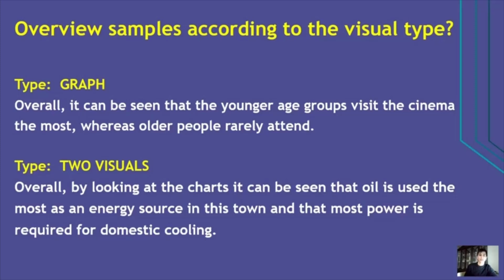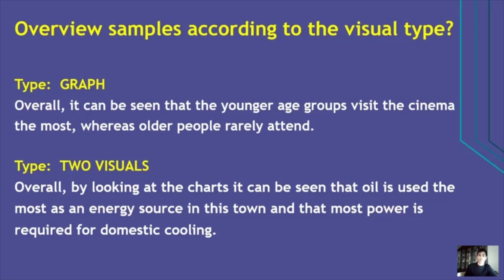It's also very nice. Sometimes you can have more than 2 visuals, like 3 or 4. In the next video, I will be giving some examples for them as well. Type: 2 visuals. If you have more than one graph, like 2 visuals or 3, please try to cover all parts. You cannot miss one, or you cannot just write part of the graph.